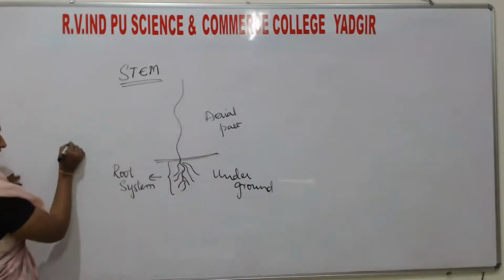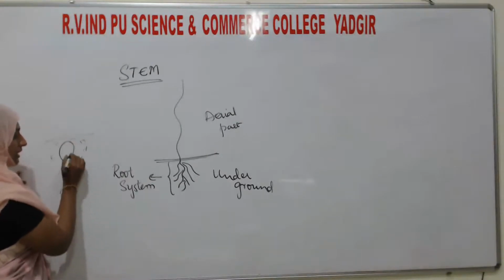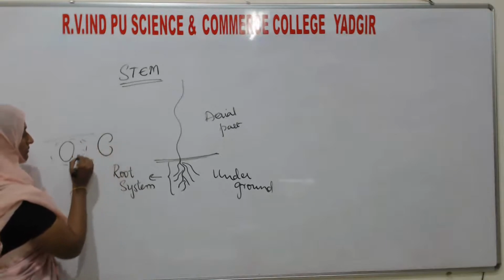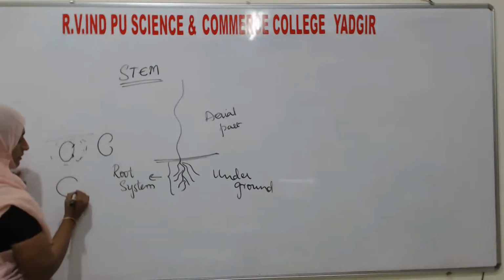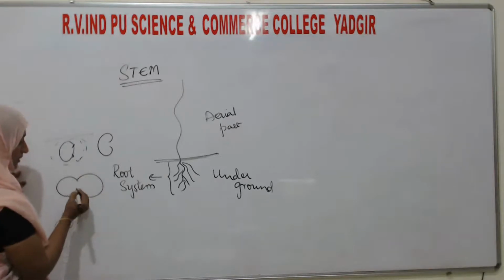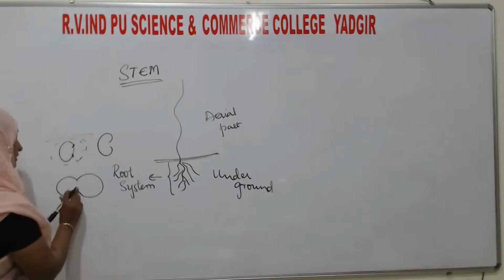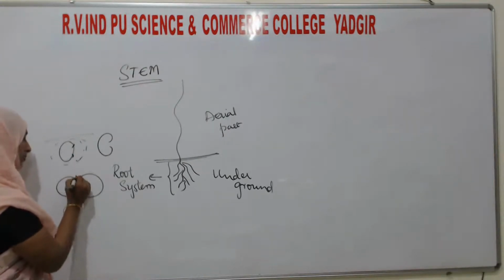When a seed is sowed in the soil, at that time it gets germinated. Here, there is the presence of one radicle and one plumule. You can see in a section of a dicot seed, there will be one small radicle and one small plumule.